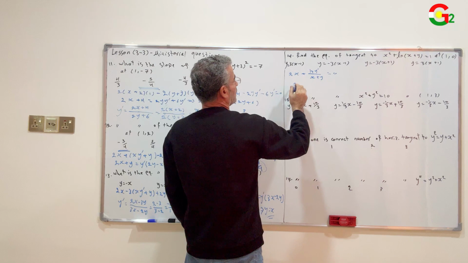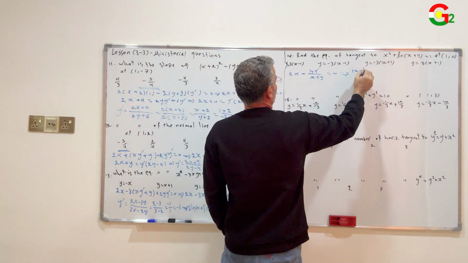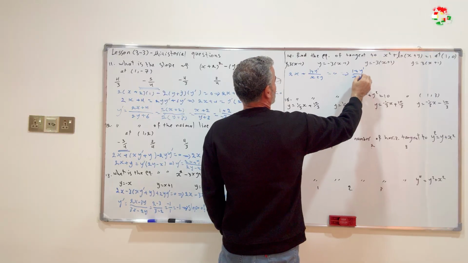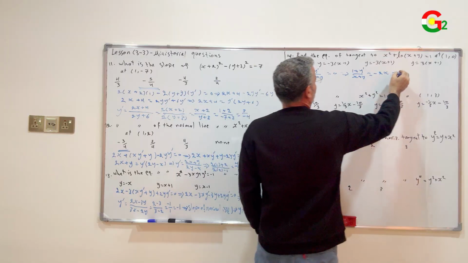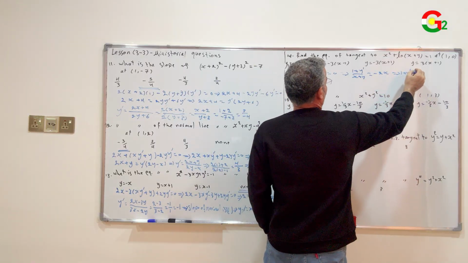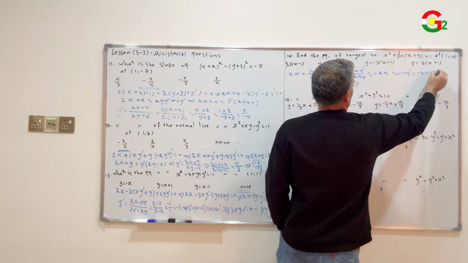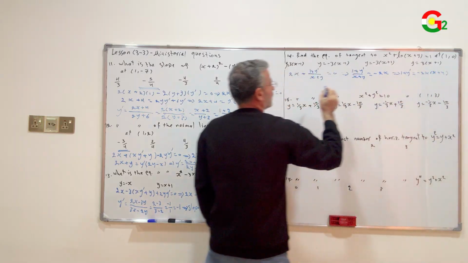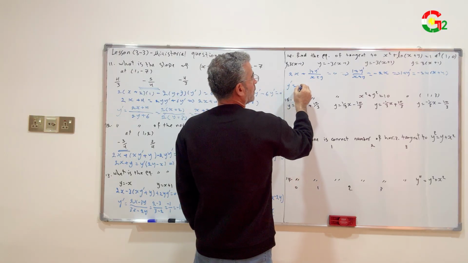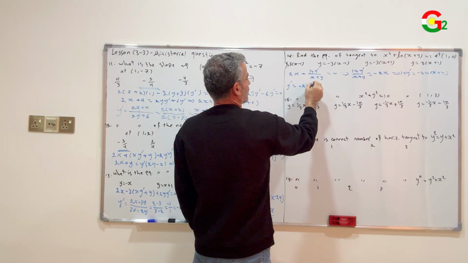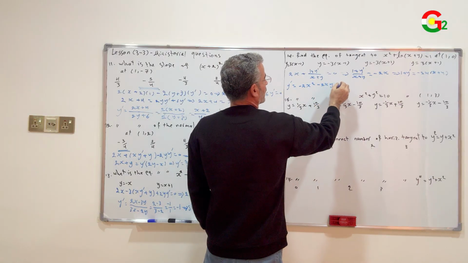Then (1 plus y prime) over (x plus y) equals negative 2x. Then 1 plus y prime equals negative 2x times (x plus y). Then y prime equals negative 2x squared minus 2xy minus 1.